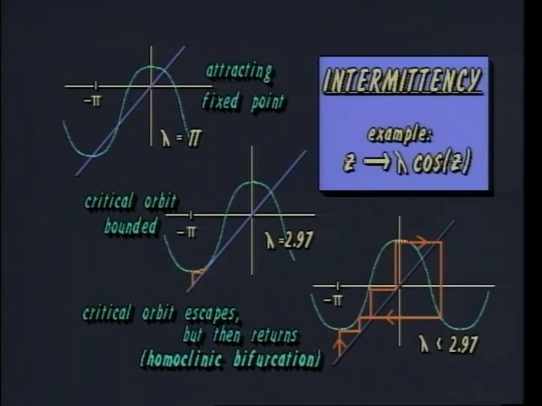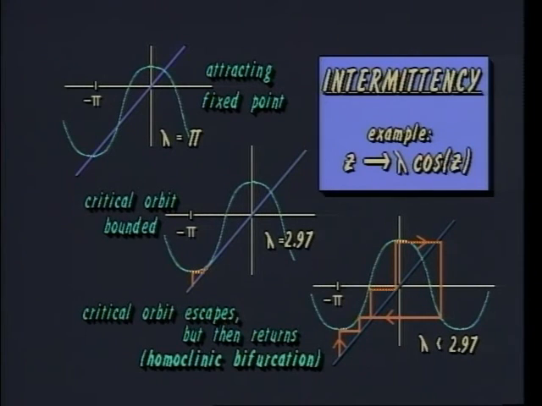They start here with pi cosine z. At approximately 2.97 cosine z, the graph is just tangent to the diagonal, and then thereafter the graph lifts off the diagonal, so this critical point, this minimum, can escape but then return.